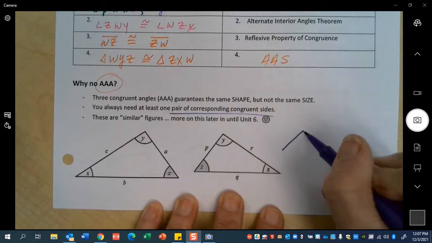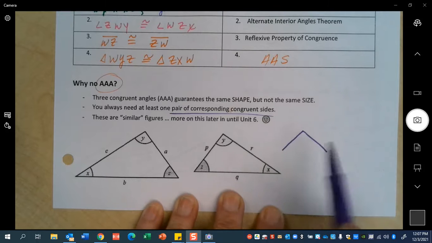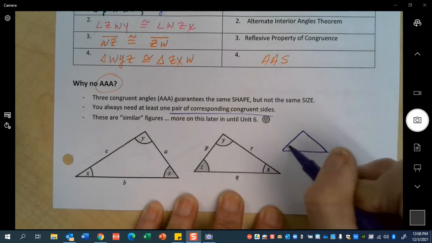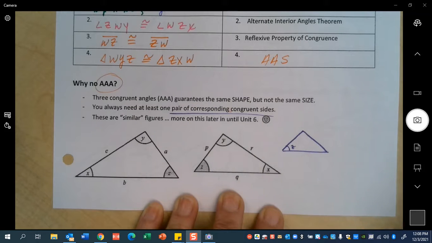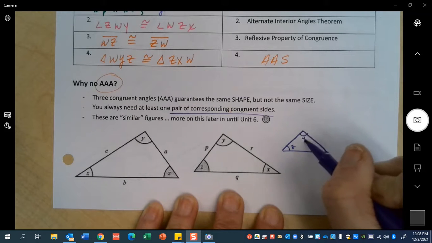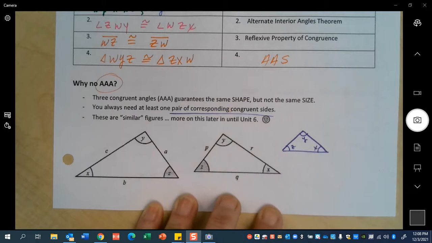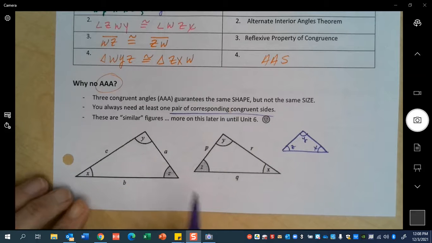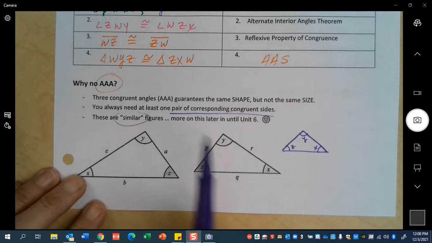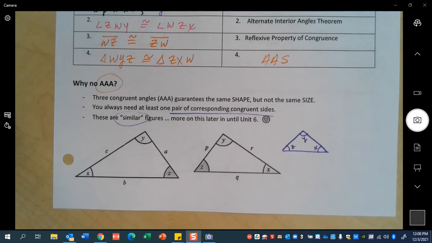So give yourself P and R and Q. And tell yourself that this has the same measure as Z, and this has the same measure of Y, and this has the same measure of X. But no one would ever call those triangles congruent. No. When we get to Unit 6, which is what's next, we're going to call them similar.